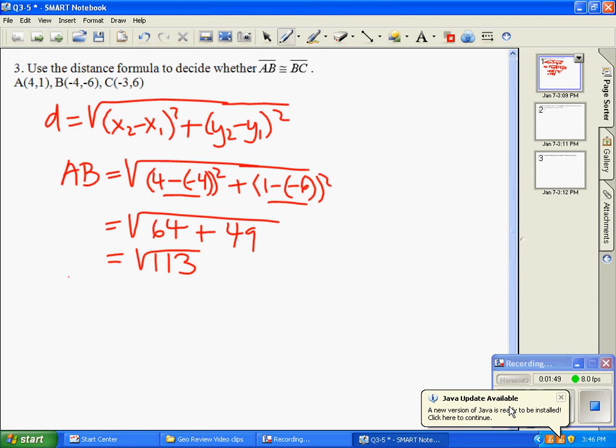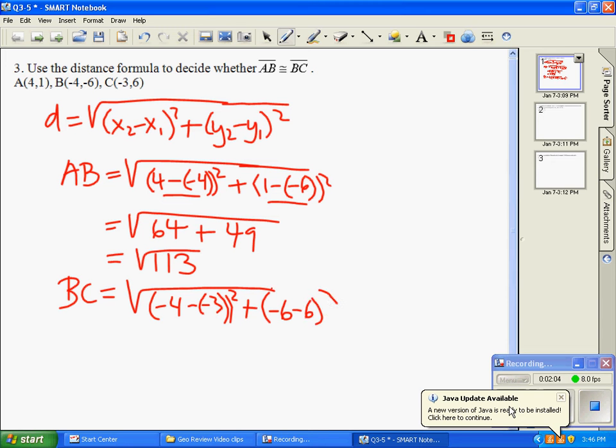So BC equals the square root of (negative 4 minus negative 3) squared plus (negative 6 minus 6) squared. So negative 4 plus 3 squared, so that's negative 1 squared, and that's 1.